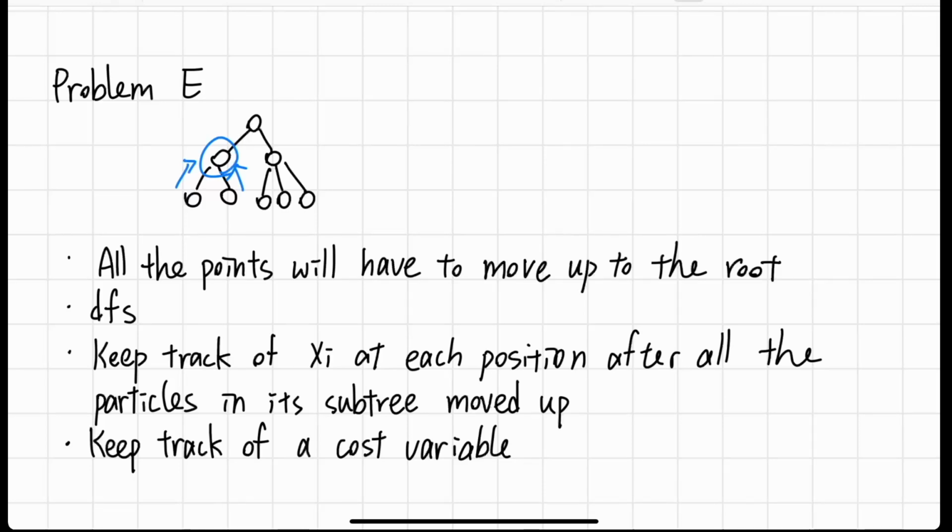And so we can keep track of the xi at each position after all particles in its subtree have moved up. And afterwards, we can also keep track of a cost variable which will store all the costs of moving these particles up. Next, let's look at the code.